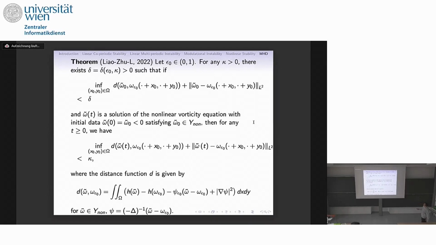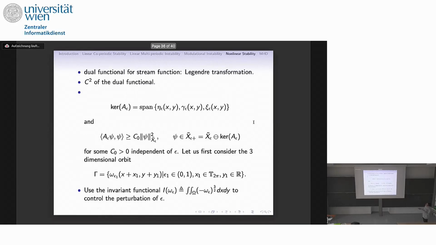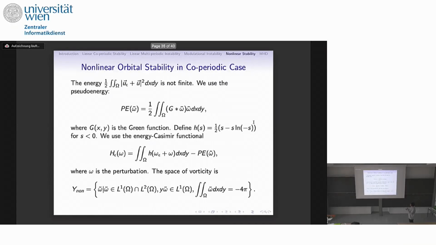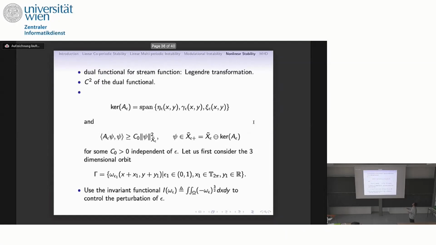So here we need to do a dual functional. We need to transform this function of vorticity to a function of stream function. So we use a Legendre transformation.